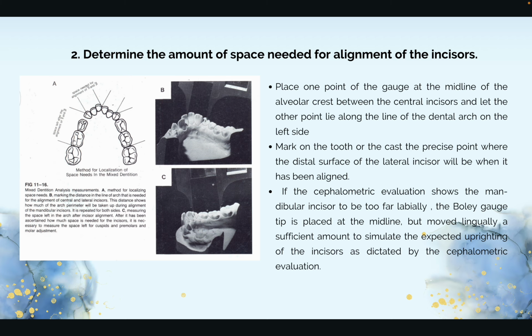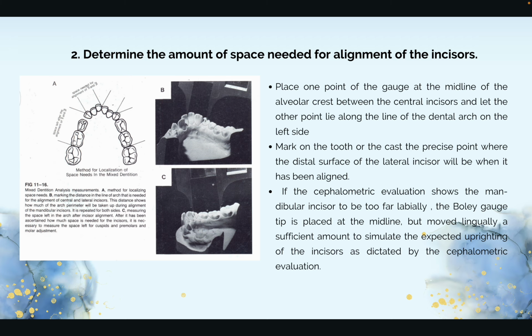The second step is to determine the amount of space needed for alignment of the incisors. You have to set the Boley gauge to a value equal to the sum of the widths of the left central incisor and the left lateral incisor.